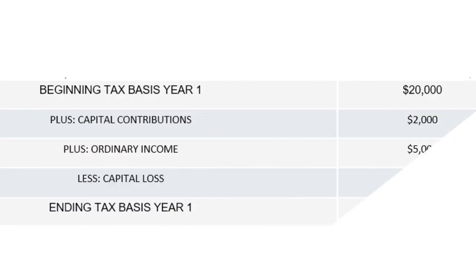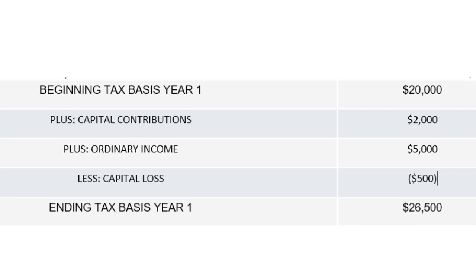Let me break it down for you. Beginning tax basis in year one, you have $20,000, right? And when we talk about capital contributions, if you remember, you contributed $2,000 to boost cash reserves. So you add that to the tax basis at the beginning. That's $20,000 plus $2,000.